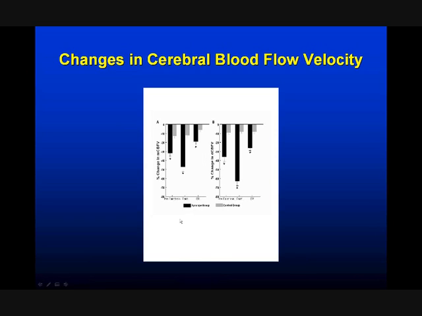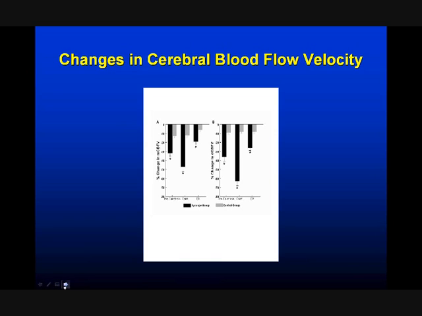We can also measure brain blood flow velocity in terms of how much blood is flowing at the peak, systole, and diastole, and it just gives us an additional look. But the overall response to tilt is a dramatically increased drop in the brain blood flow in these syncopal subjects.